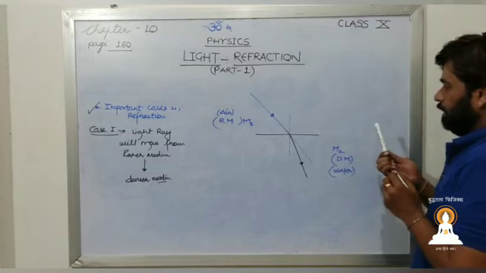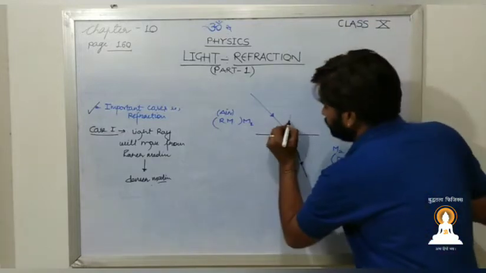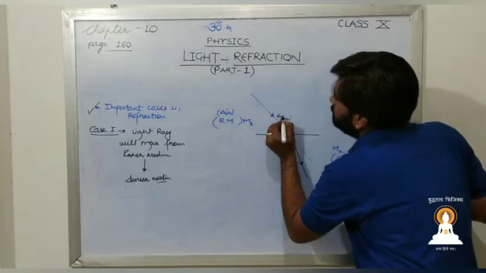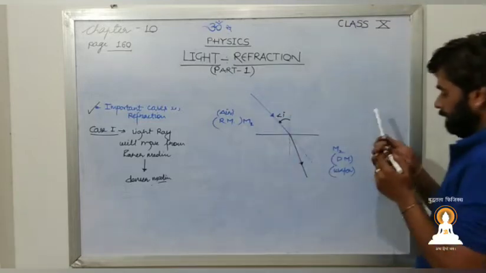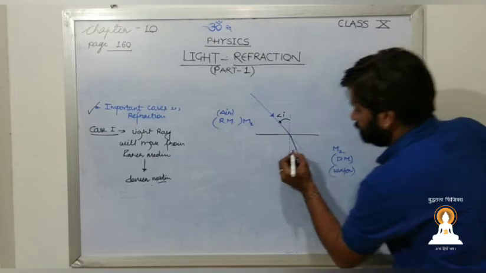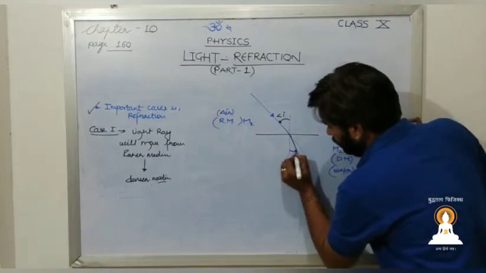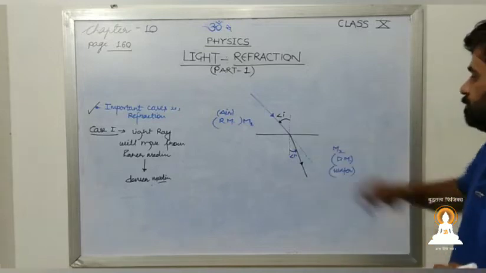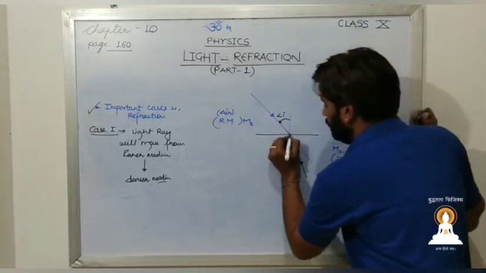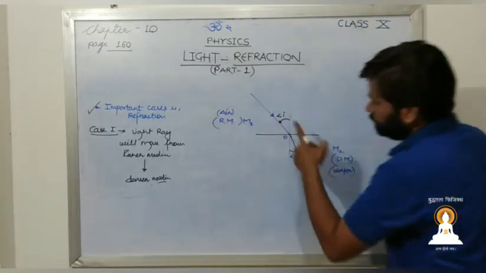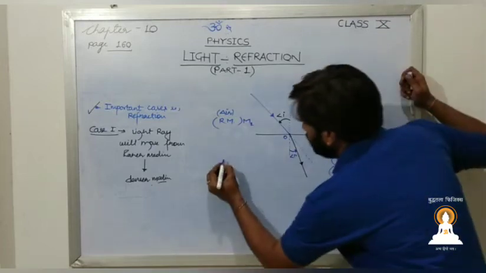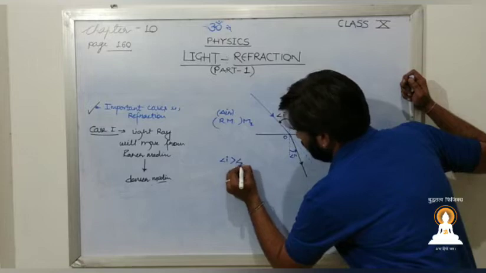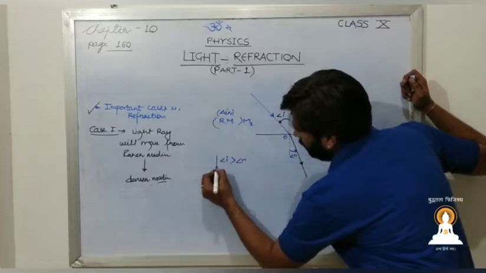Suppose this angle is angle i, and this angle from the normal is r. Here this is point O. In this case we see angle i is greater than angle r.